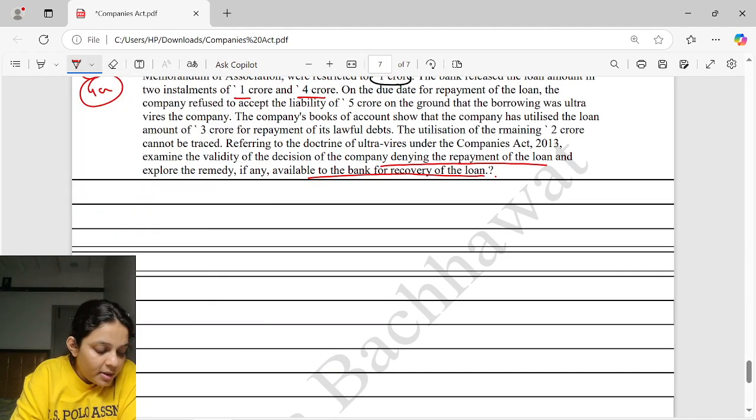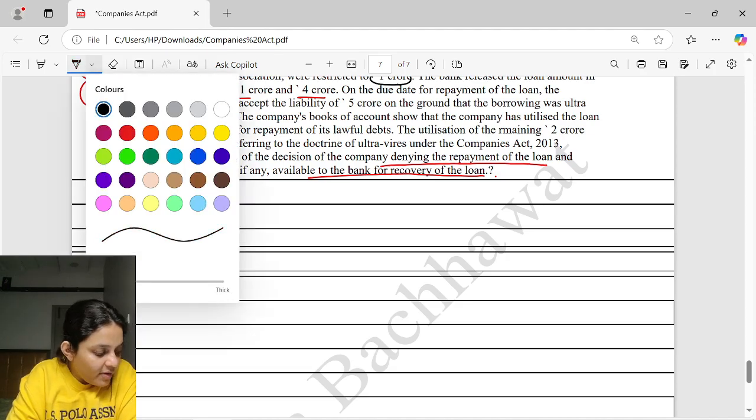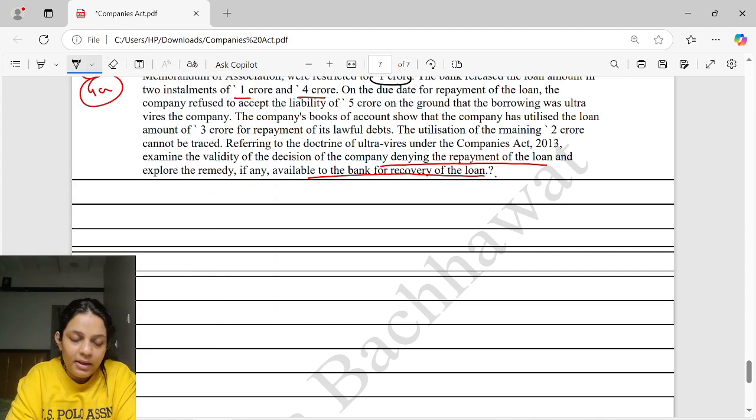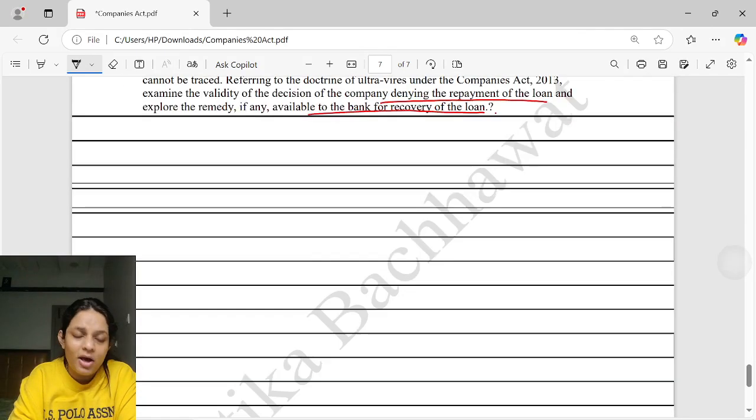Okay. So here we have to write about ultra vires. If you want, you can make a note of constructive notice also, and also how much can be recovered, right? So basically the concept is about what? Ultra vires.